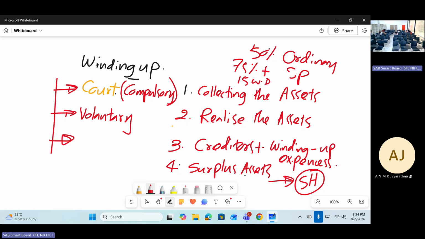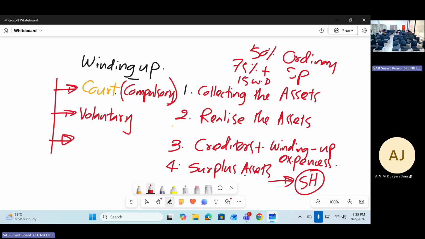Now tell me which type of resolution has to be passed, ordinary or special, to liquidate the company voluntarily. Tell me, is liquidation of a company a serious matter or a minor matter? Very serious. The company is no longer available. That is the end of the company. Now I told you, in order to amend the articles, special resolution is required. Articles means articles of association, the constitution or basic law of the company.